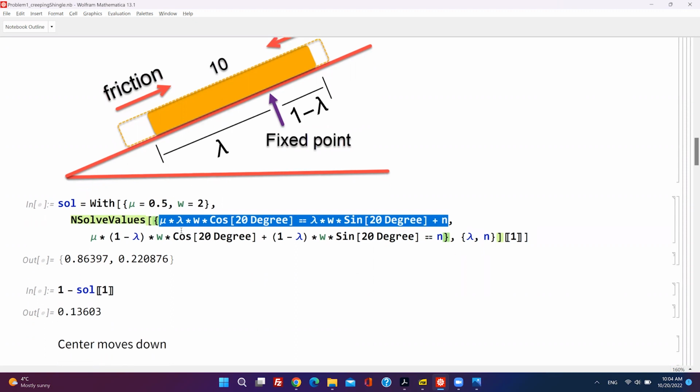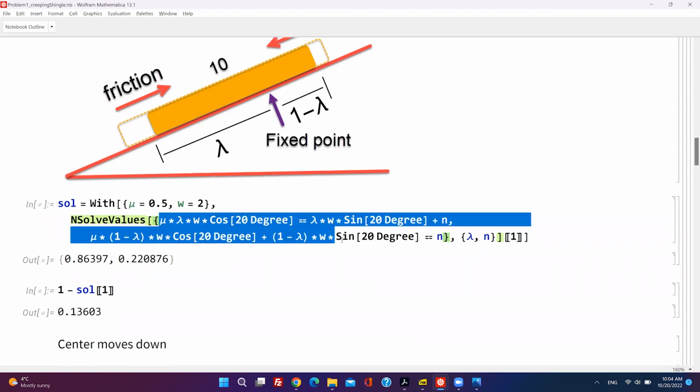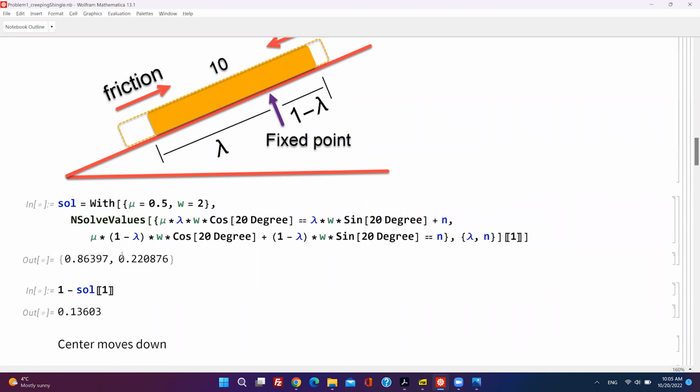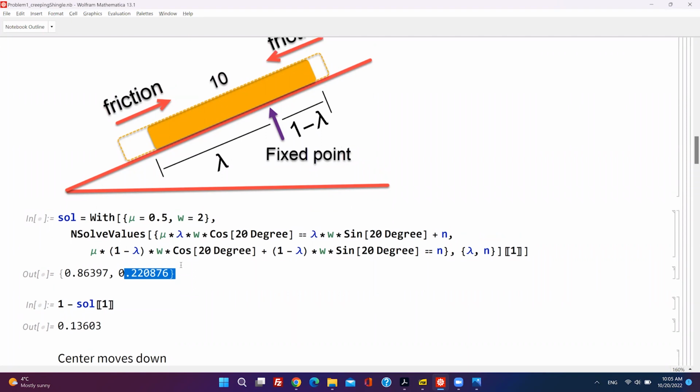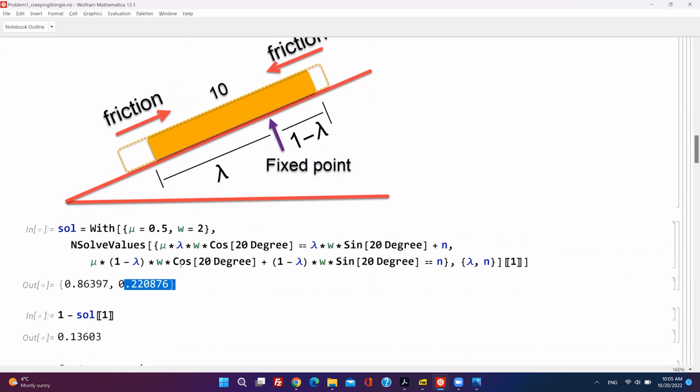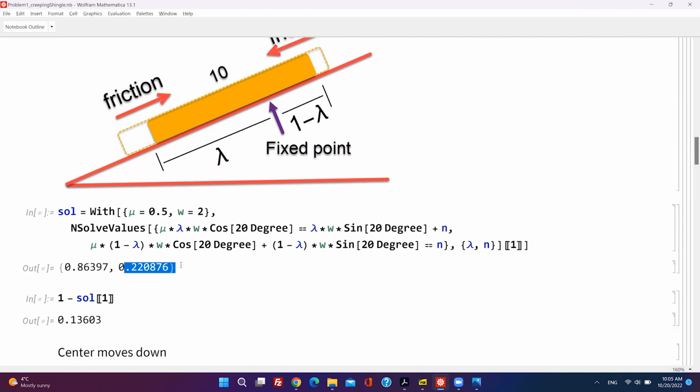Then you put everything into Solve, and it gives you the location of the fixed point and the force exerted on the fixed point. I think of a virtual wall there. The material is already uploaded on Pathable, so if you want to take a deeper look, you can review the notebook afterwards. But this is how you think about solving this problem.